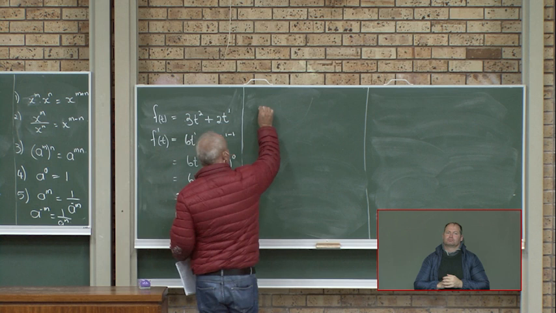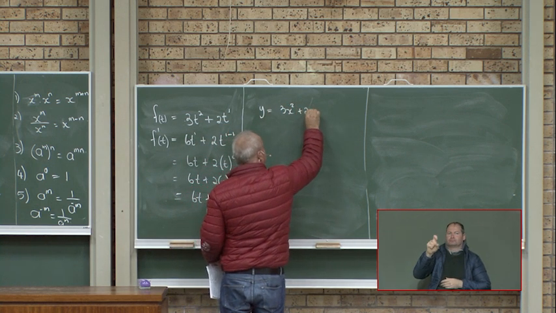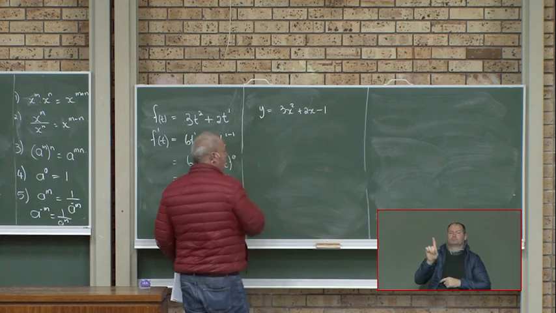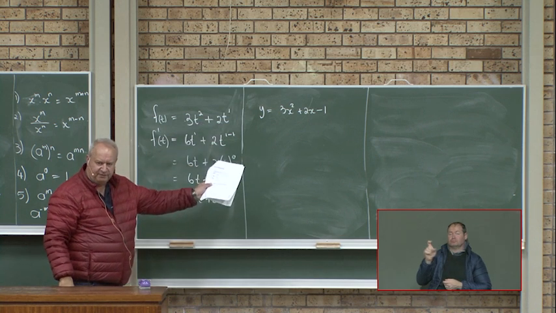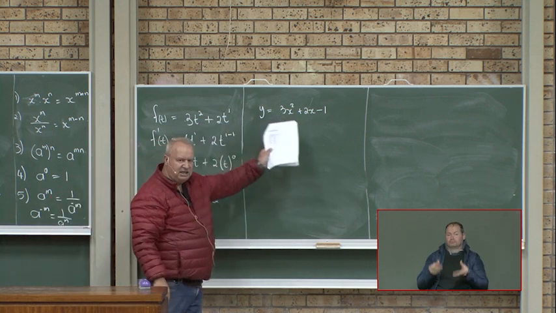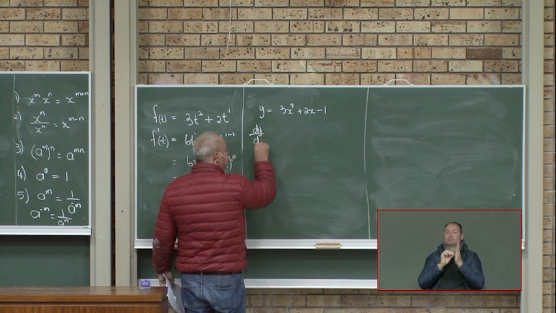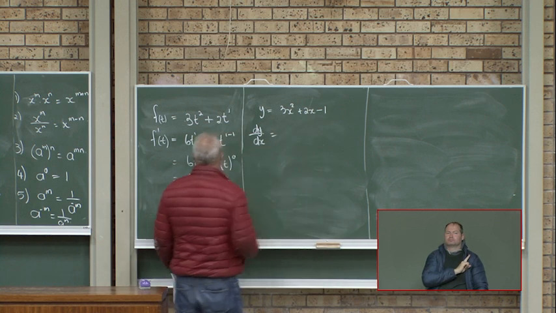If I say to you, y is equal to 3x squared plus 2x minus 1. Now, people, take note. I'm asking you to find the derivative. If y is equal to the expression, the notation for the derivative is dy over dx, because I am going to differentiate to x.